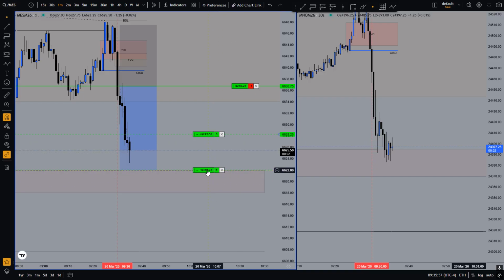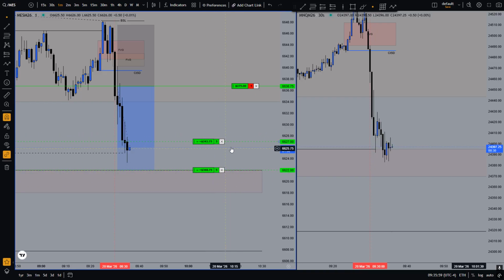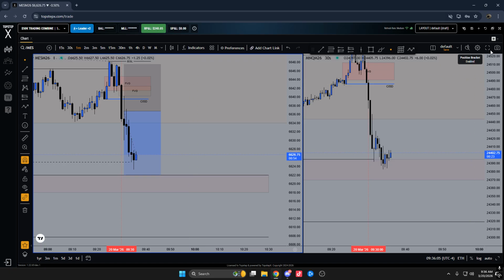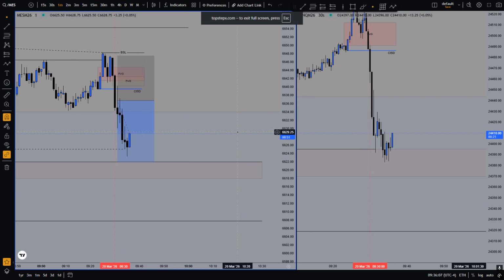Capitalize on some gains. You know, we're break even, so any gains are good. So boom, up 240. Quick little scalp, quick little trade.